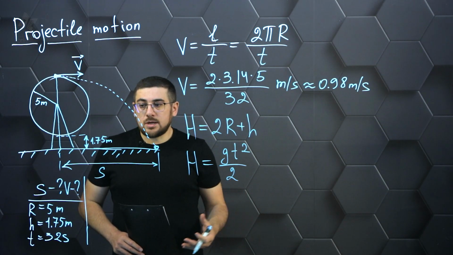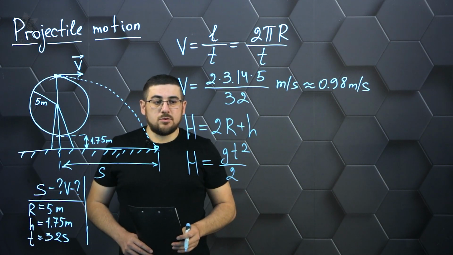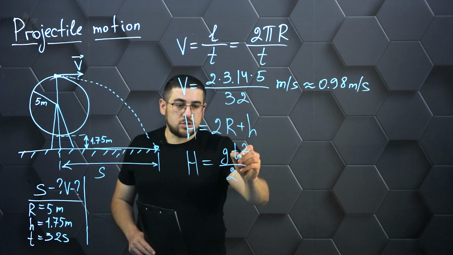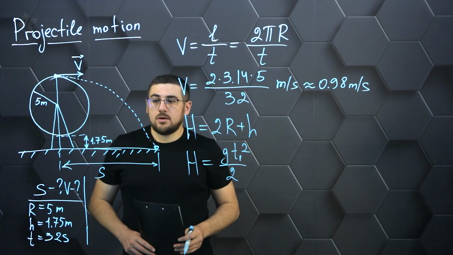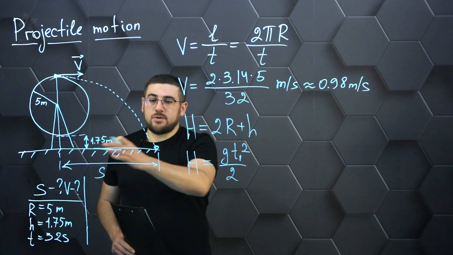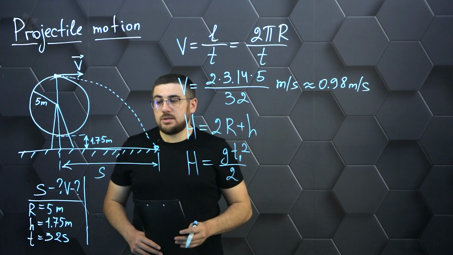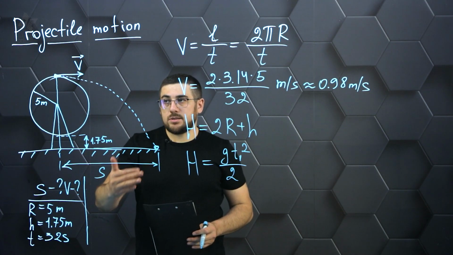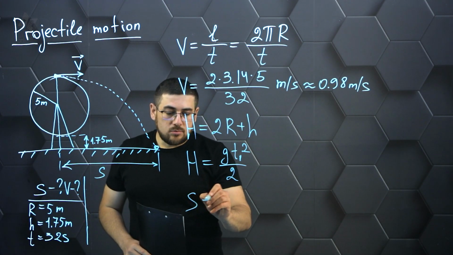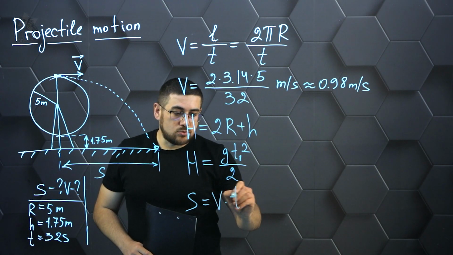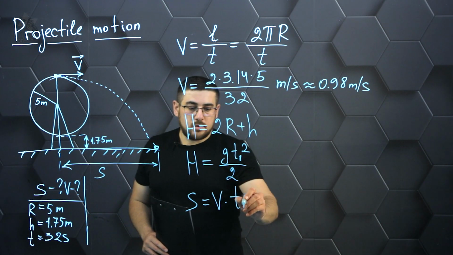Further, when we find the time of fall, let us denote this time t1, not to be confused with the time of rotation of the wheel. It is important to note that during this time the toy travels a horizontal distance denoted as s, with its constant velocity denoted as v. This distance is determined by the simple formula v multiplied by t1.